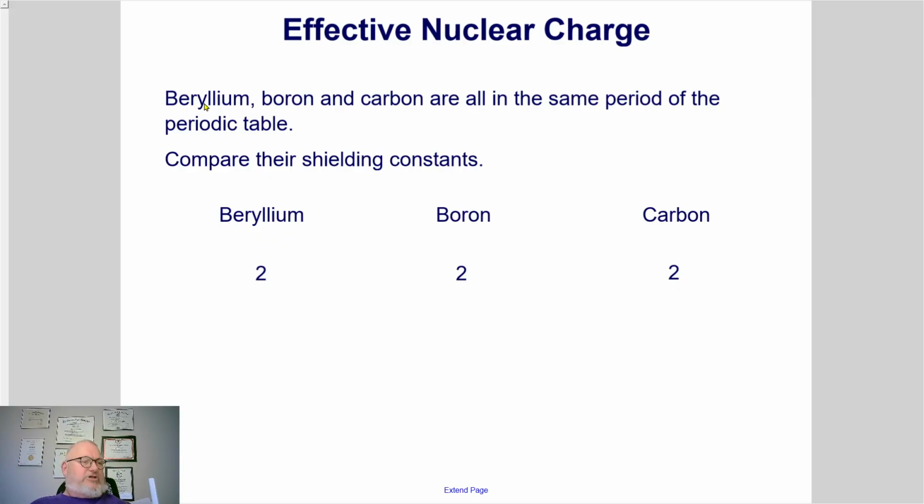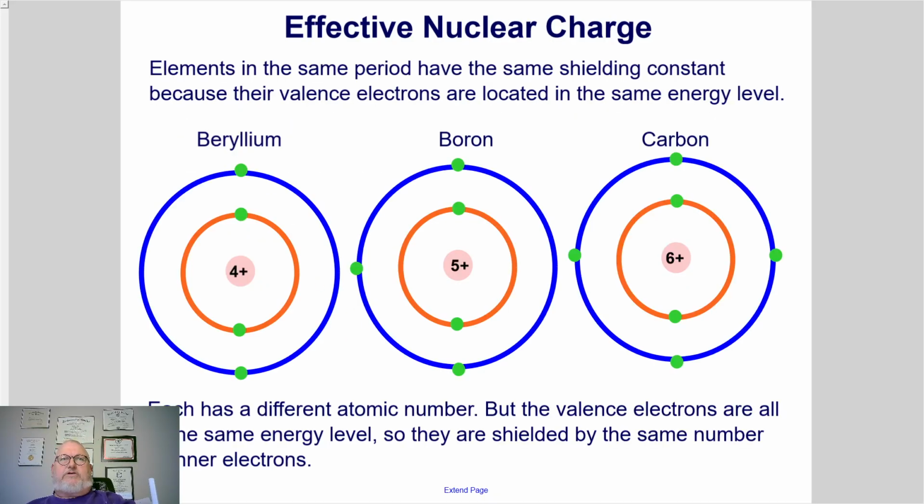Looking at the shielding constant, beryllium has 2 inner electrons, boron has 2 inner electrons, and carbon has 2 inner electrons. The outer electrons are a little different. Notice they have the same inner shielding electrons. Beryllium has 2 valence electrons. Its atomic number is 4. The shielding number is 2. 4 minus 2 is 2.